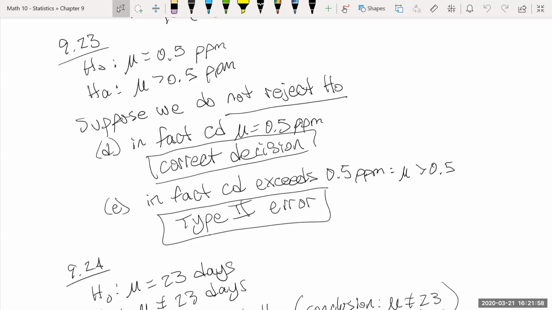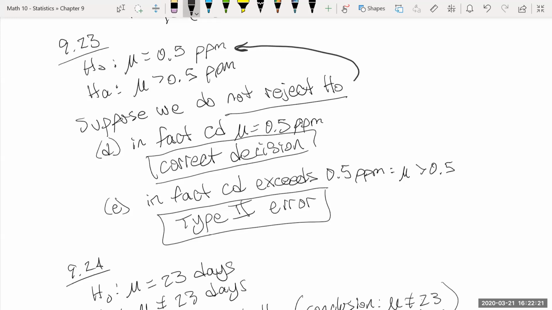By not rejecting the null hypothesis in that case, be careful: we're not saying that mu is equal to 0.5 parts per million because we can't prove that. We're just saying the data is not sufficient to show that it's greater. In part D, they're saying mu is equal to 0.5, so we shouldn't reject the null hypothesis.